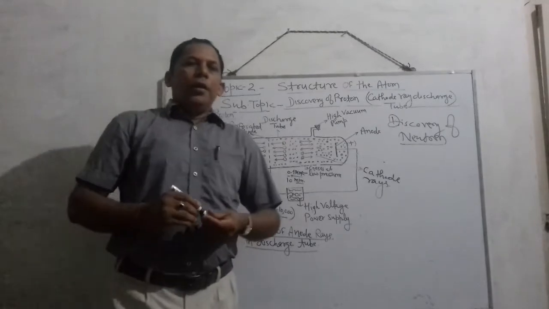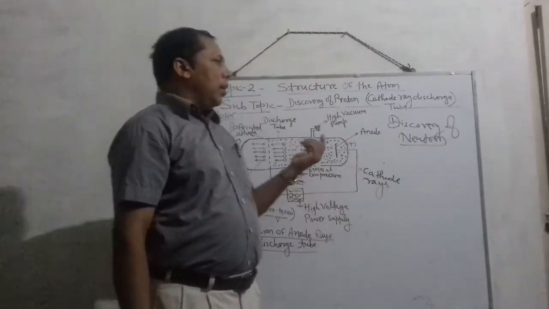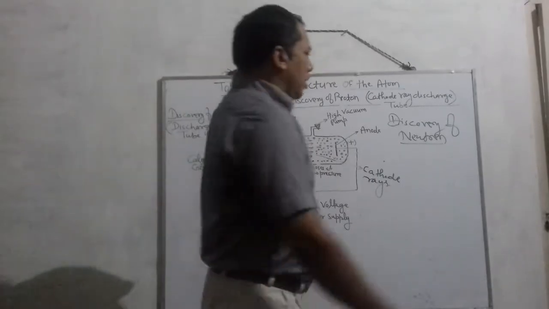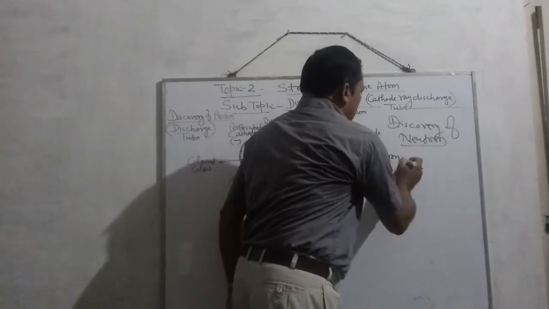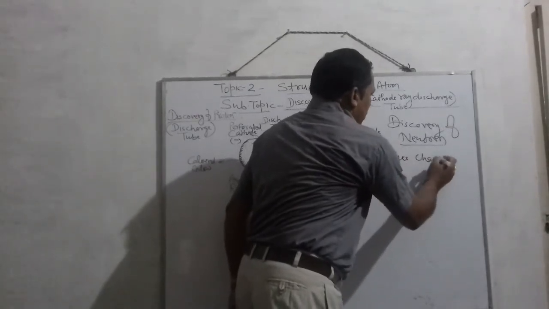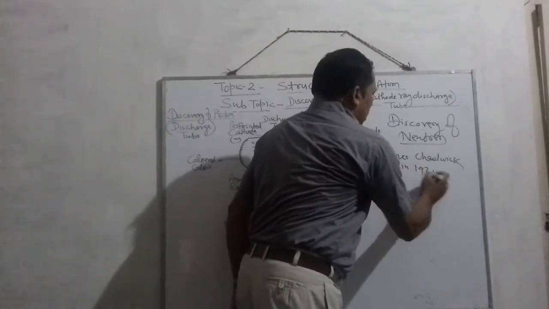So you know that the subatomic particle neutron was discovered by James Chadwick in 1932.